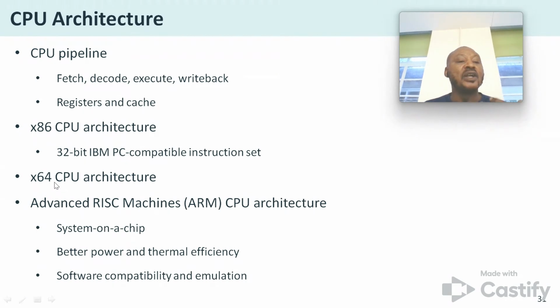So if you buy x64, you have to go for a 64-bit OS. Of course, you can install a 32-bit OS inside an x64 system, but what happens? You're going to run the CPU below capacity.